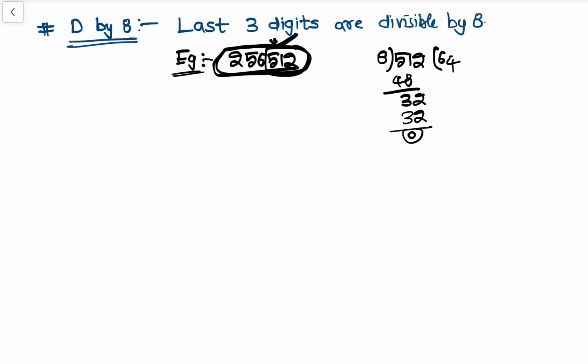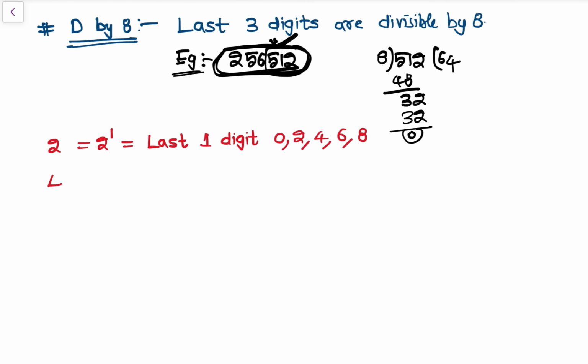Now there is a pattern for this. See, for 2, which can be written as 2 to the power 1, we are saying the last one digit has to be 0, 2, 4, 6, 8.